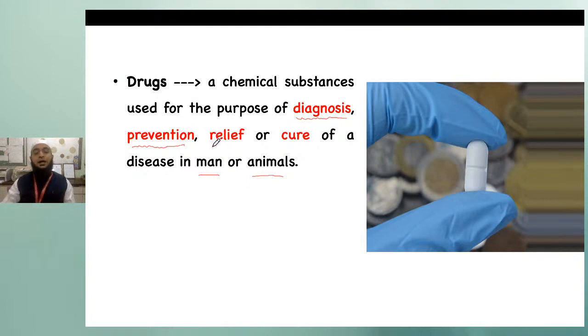Likewise, a drug can also relieve the symptoms, but certain drugs relieve the symptoms without curing the disease. Let's take the example of jaundice again. You have started taking the medicine for jaundice, and physicians say that you need to take it for a week, or maybe 15 days, or a month.